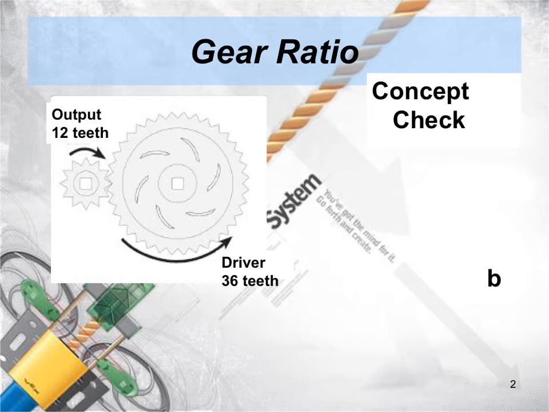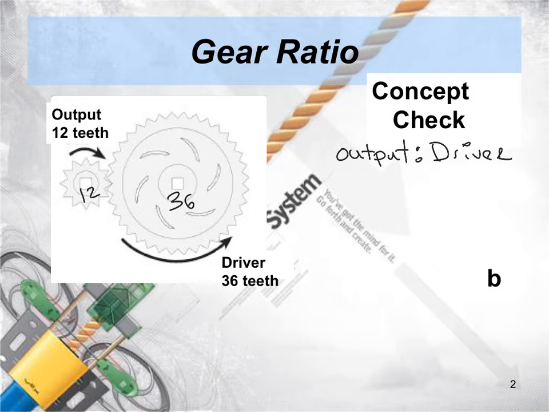In our last lesson, we had you figure out how to find a gear ratio. So if I gave you a slip of paper and said, all right, here's two gears. You have this gear here that's got 36 teeth. You have this gear here that has 12 teeth. How would you find the gear ratio? Well, we talked about how to find a gear ratio. You compare the number of teeth on the output to the number of teeth on the driver.